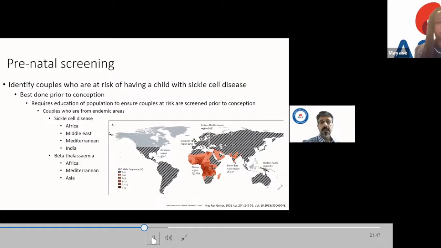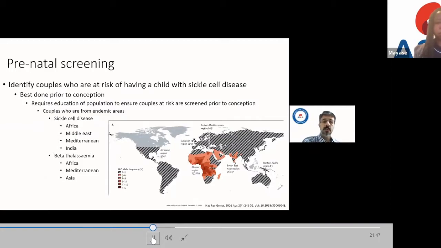So patients from endemic areas where sickle cell disease is prominent, so sub-Saharan Africa, the Middle East and parts of the subcontinent, should be offered specific testing for their carrier status of sickle cell disease.